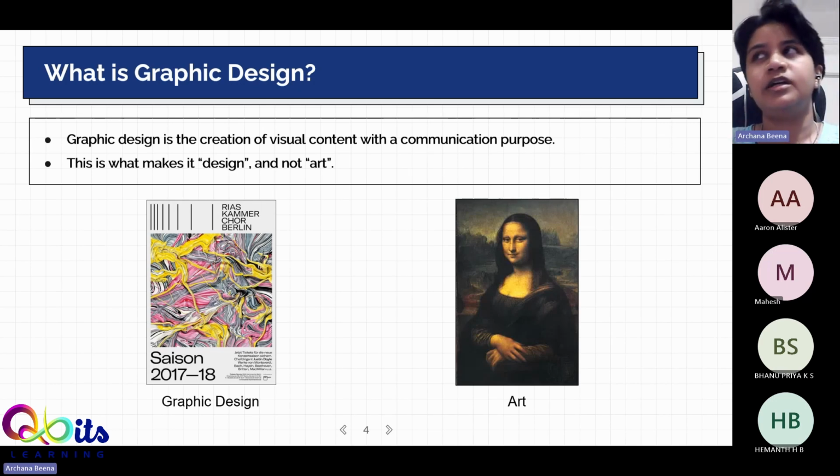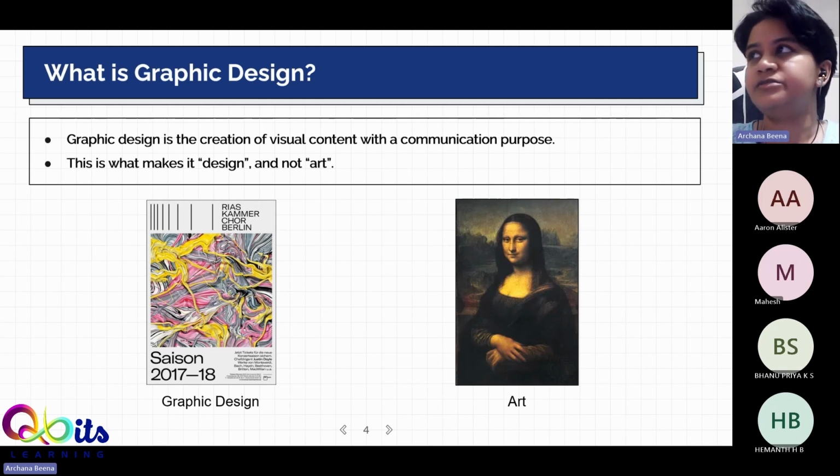But there is no other purpose to it other than creative expression. But when you use art or any sort of visual medium with the purpose of conveying a message, is when you call it a graphic design, because there is a purpose behind that expression.